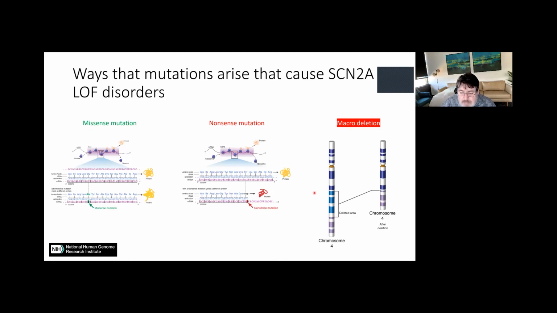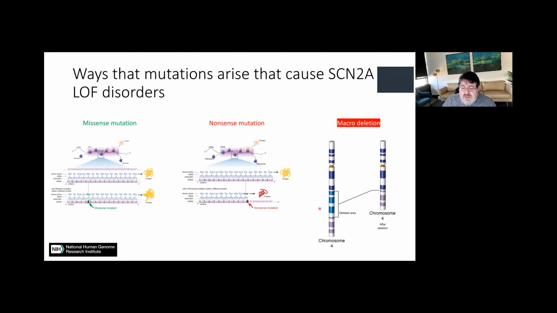But things can happen such that a chromosome can break and a whole region can be deleted. This is the normal chromosome here, and you can see this light blue region was deleted. And this chromosome can now be smaller than it was, and in this case, multiple genes may be removed.